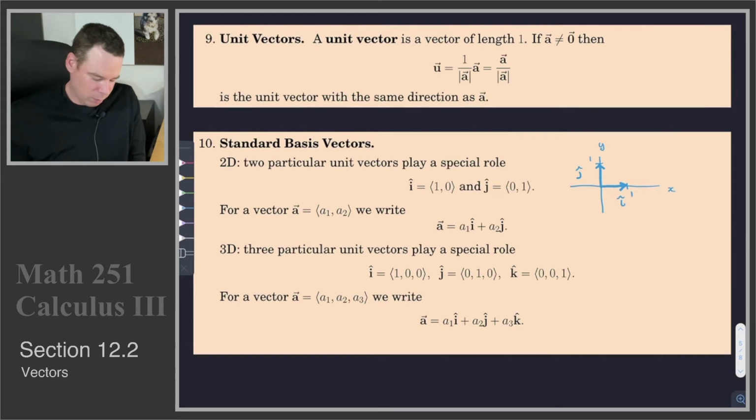In 3 dimensions, we have i hat, j hat, and that third direction, the vector in the direction of the positive z-axis, is given by k hat. And we can again write, using the standard basis vectors, the corresponding vector with components a1, a2, and a3, using this linear combination notation instead of angle bracket notation.